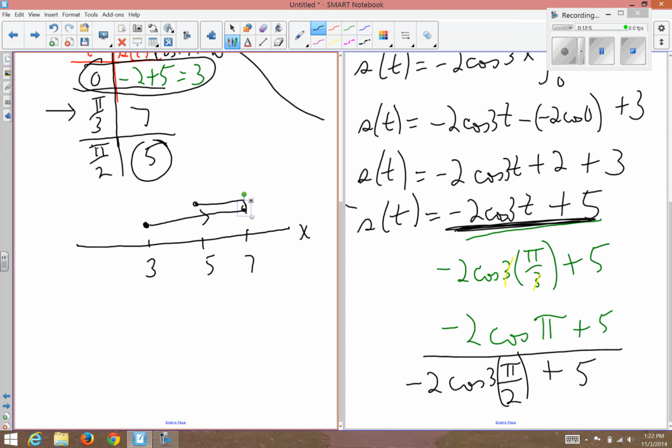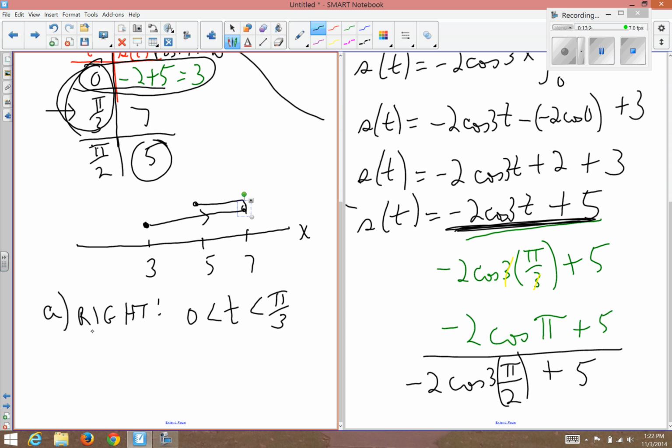Now that all of this is done, these questions are very easy to answer. Well, all of this was not easy, but the questions are. Determine whether the particle is moving to the right. I can see from this little diagram that it's moving to the right in this time interval. It says when, that means it's asking for a time. The time interval is from 0 to pi over 3, because it moved from 3 to 7 in that time interval.